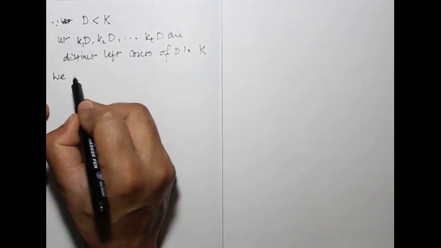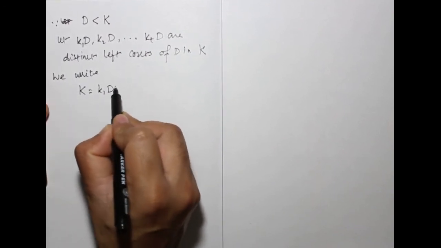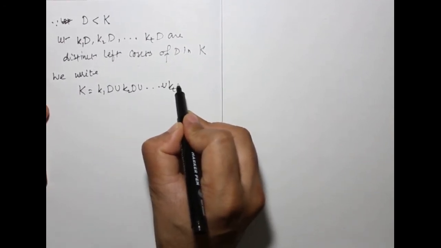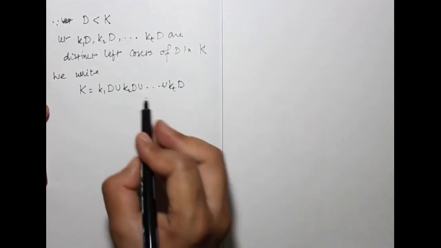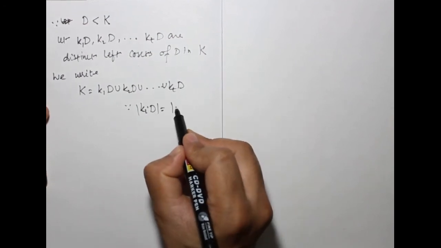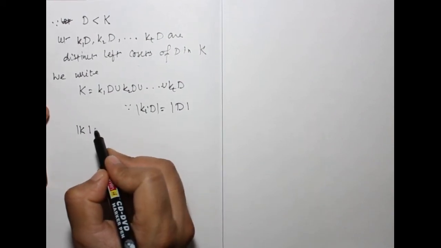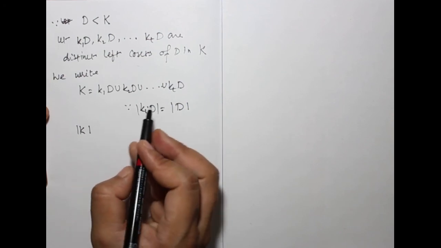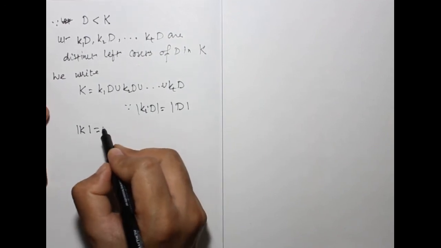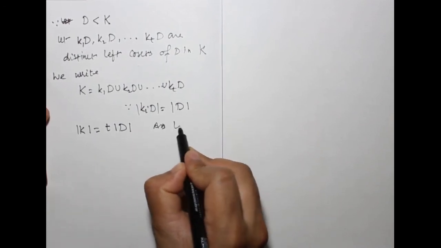So we can write K equals k1 D union k2 D union and so on, kt D, because the cardinality of ki D equals the cardinality of D. Because these are also distinct, we can write it directly, just as we did in Lagrange's theorem.